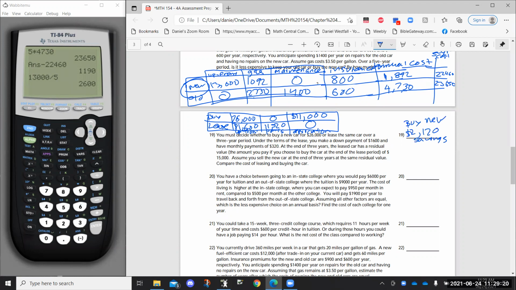I'm going to spend a total of $37,000 here, and I'm going to have $1,600 upfront and $11,000. That's going to be $31,000.